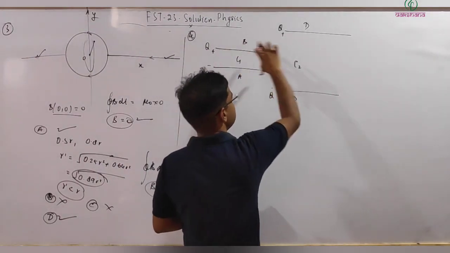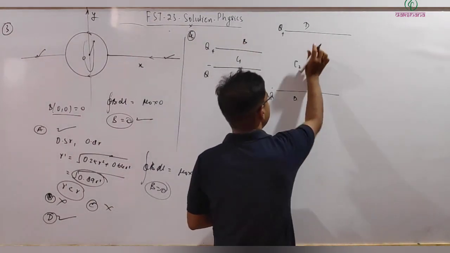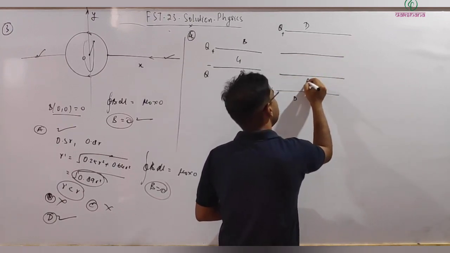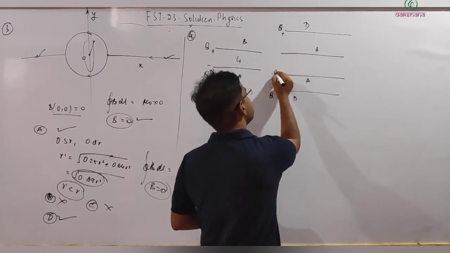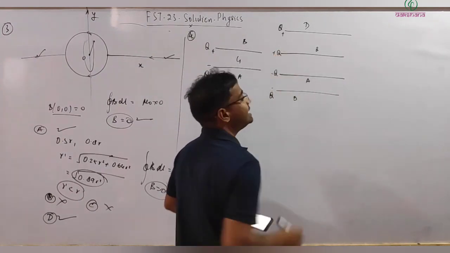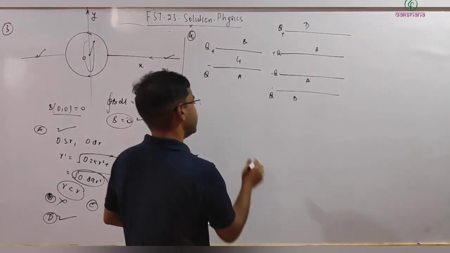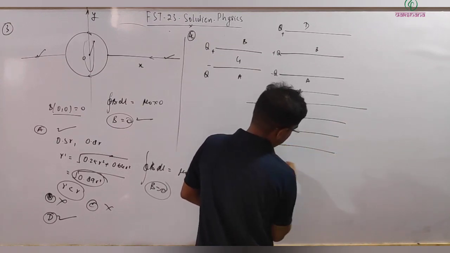After the first capacitor is inserted between the plates of capacitor C2, the situation will become like this, with A, B, and this is yours. Here it's minus Q and plus Q. This is the initial distribution of charge. Now, going through the distribution of the charge, finally this is the situation of charge on each plate.